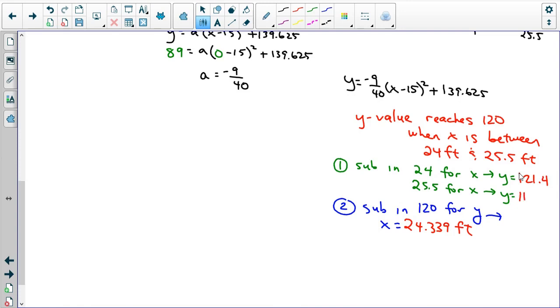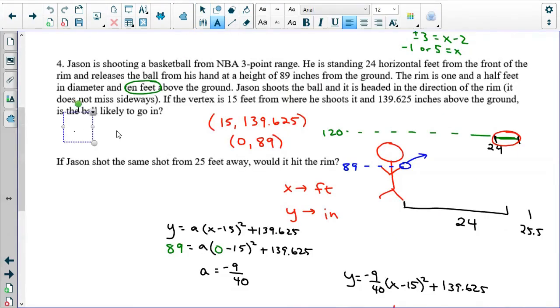I think it was 114.819. That clearly 120 is between these two values. So that means that the ball is likely to go in the basket, which is not surprising because Jason shot it.